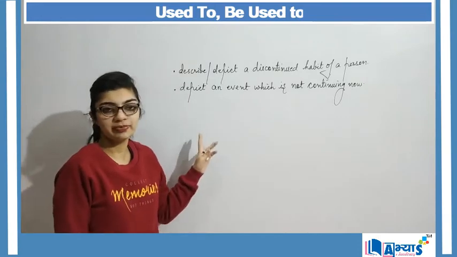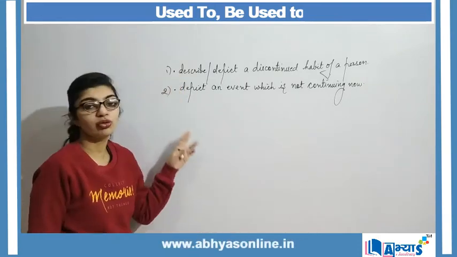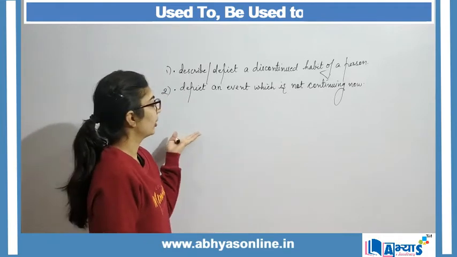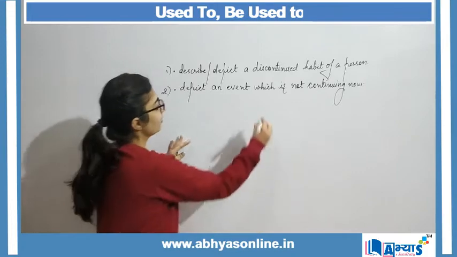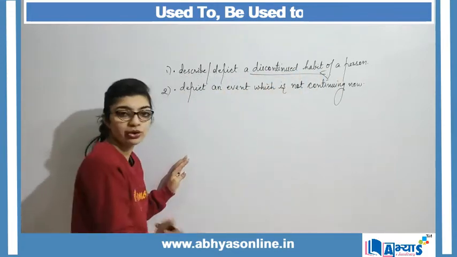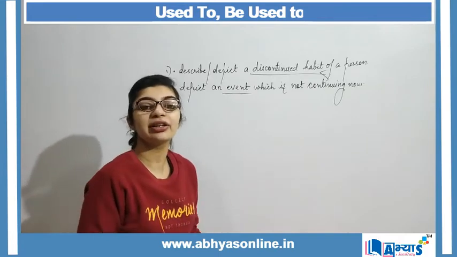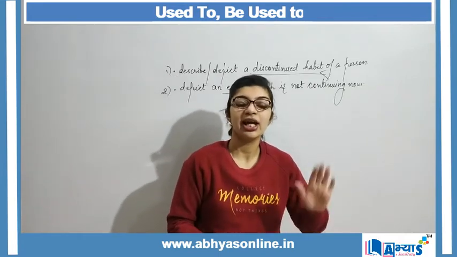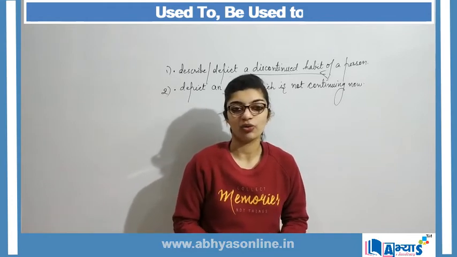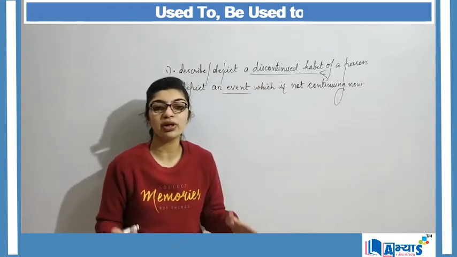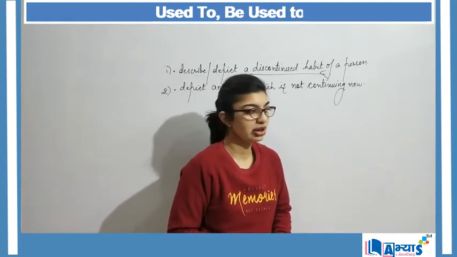So both the first and the second rule are used to describe a habit or an event which is in a discontinued form, which means that it used to take place but it is not taking place now. It takes place no more in the present, neither will it take place in future.